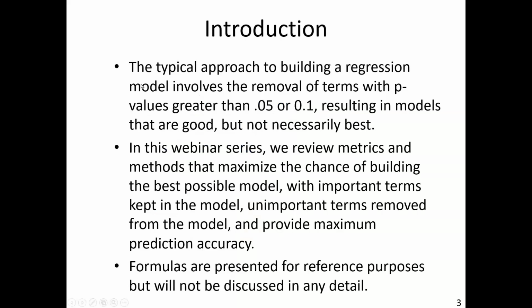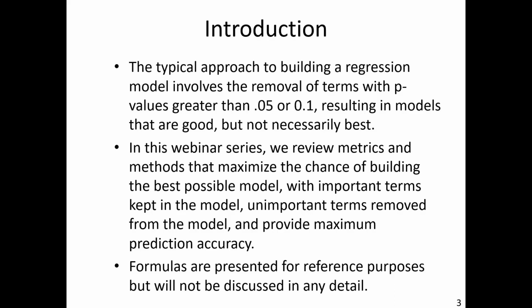So, a recap. The typical approach to building a regression model involves the removal of terms with p-values that are greater than 0.05 or 0.1, resulting in models that are good, but not necessarily best.